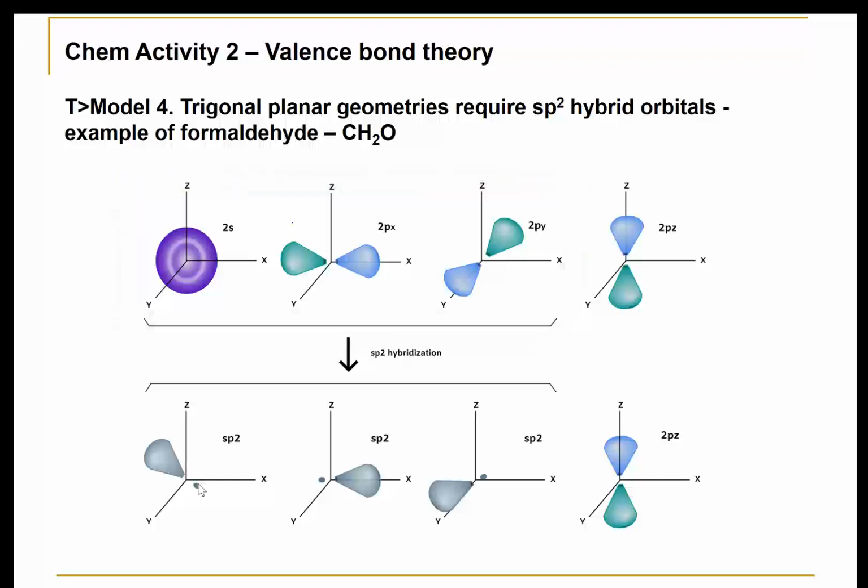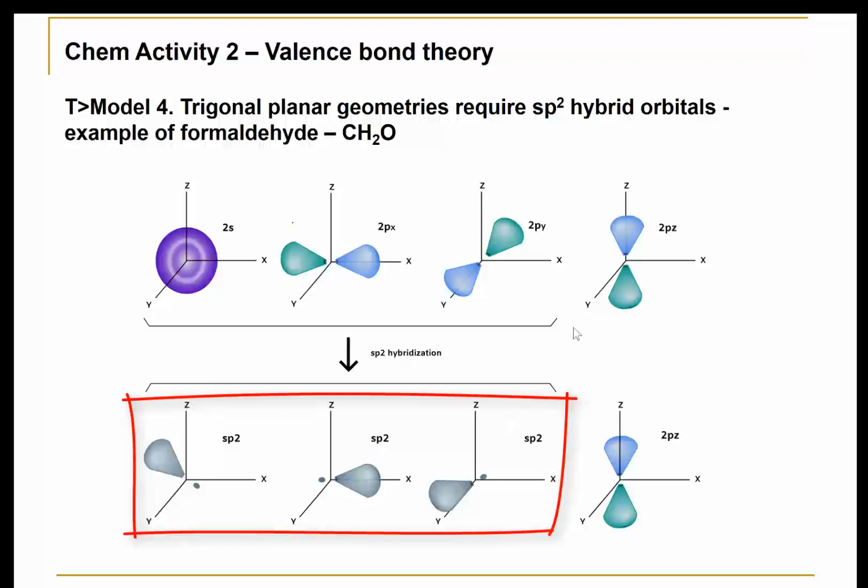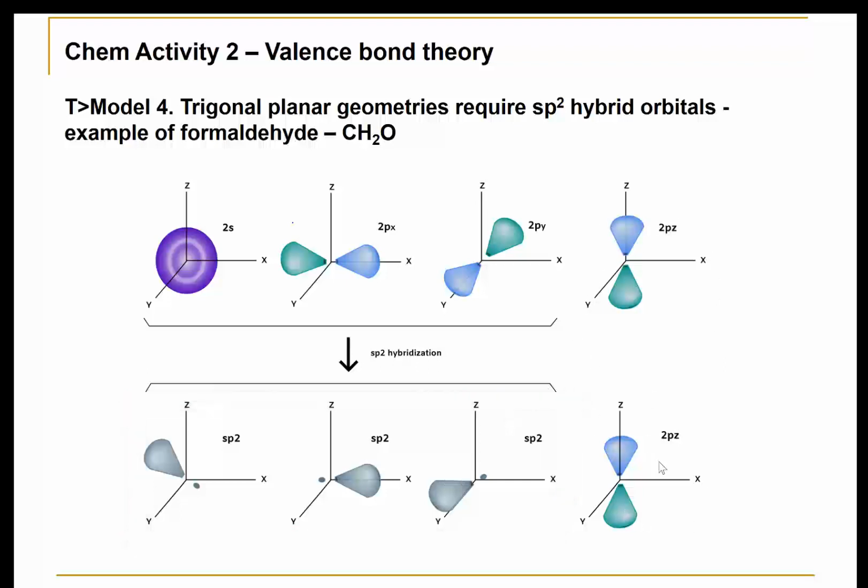We'll form 3 brand new sp2 hybrid orbitals, and we will leave behind one of the other p orbitals, which will sit perpendicular to these sp2 hybrid orbitals. Now, I've indicated this as the 2pz. It could have been any one of the p orbitals that's left unhybridized.